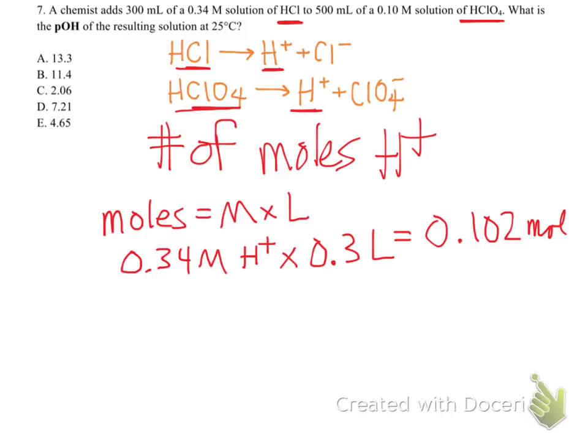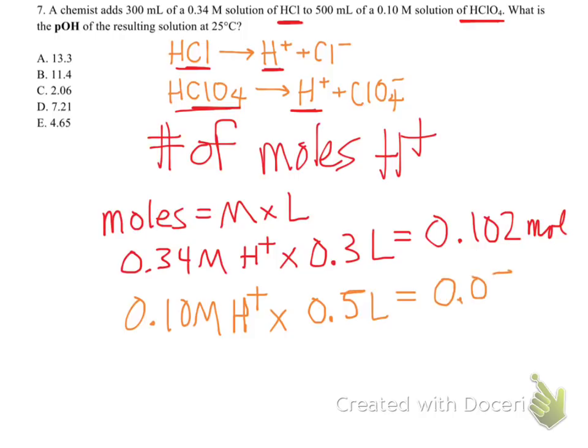Now let's figure out how many moles we're getting from the perchloric acid, the HClO4. So that's 0.10 molar of perchloric acid, which is just a source of H+, times 0.5 liters, the 500 milliliters, which is going to end up equaling 0.05 moles of H+.